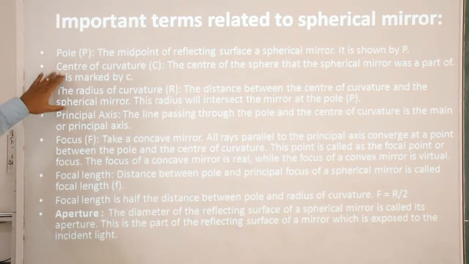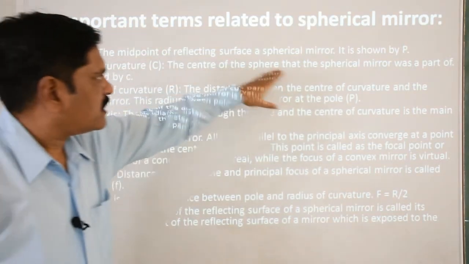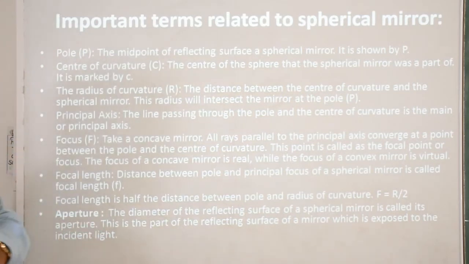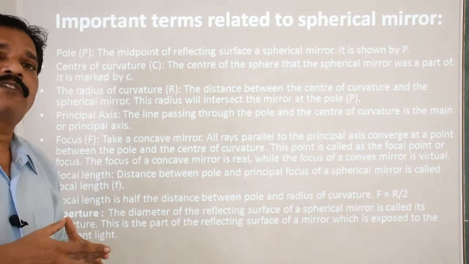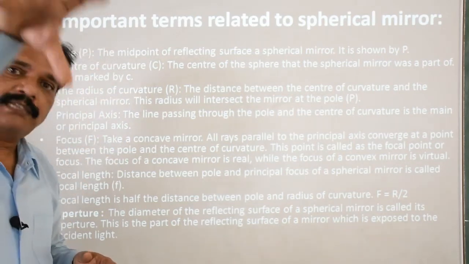Now second thing, what is the center of curvature? The center of the sphere of which the spherical mirror was a part, marked by C. Clear? Remember, it is the center of such a sphere that the spherical mirror was a part of.